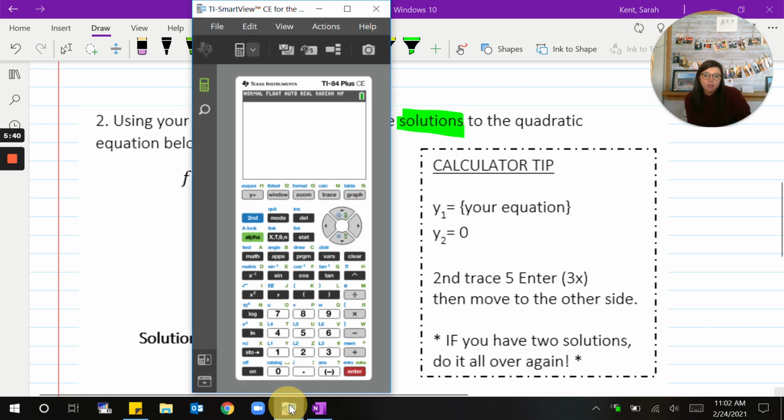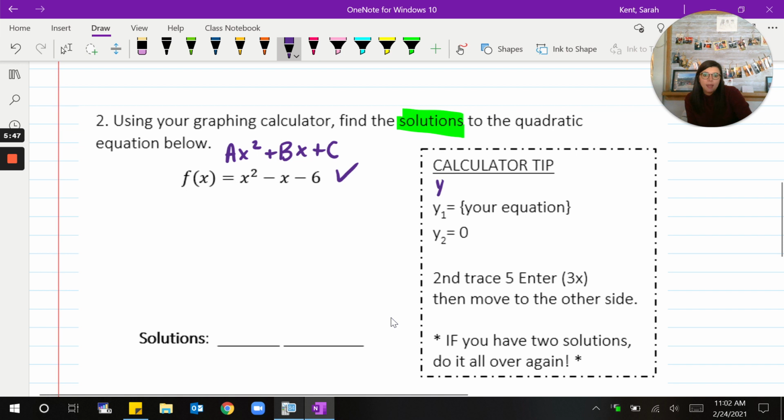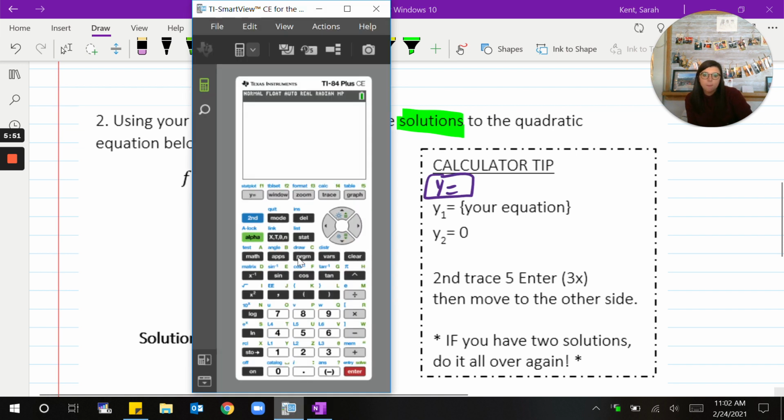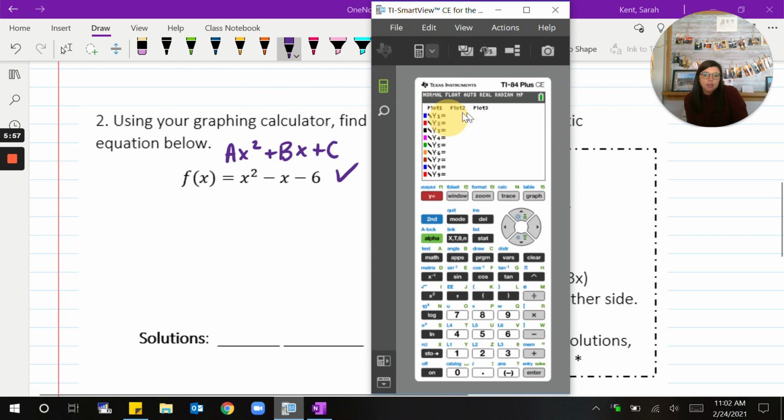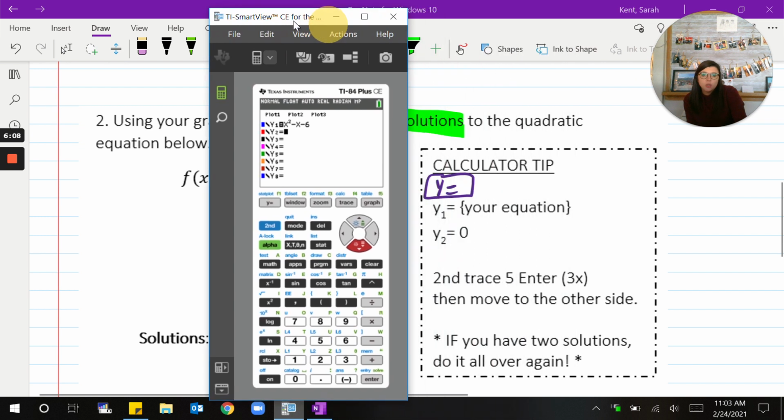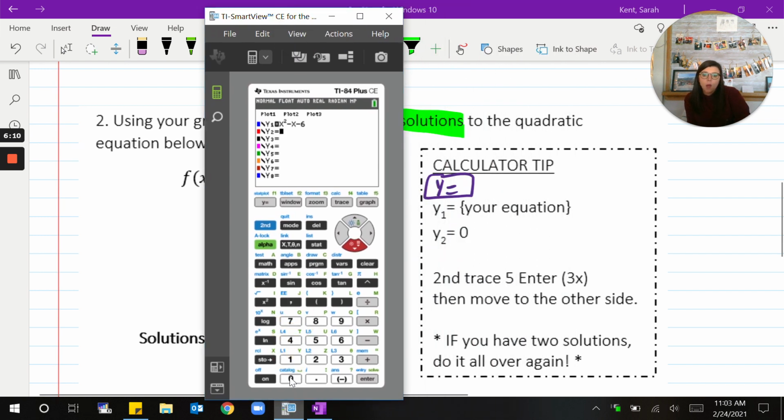So in my calculator, first I need y1 and y2. So I'm going to press y equals on my calculator to get y1 and y2. And then I'm going to type my equation into y1. So x squared minus x minus 6. And then in y2, every time we want 0.